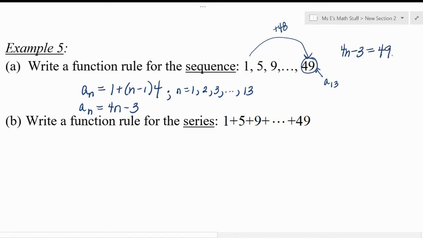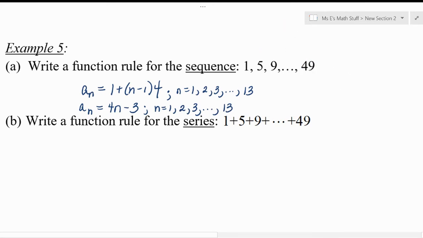Then just solve: add 3 over, divide by 4, and you get n equals 13. Come on, that's adorable. Anyway, the point is that if you have a finite sequence or series, then sooner or later you might need to know how to say which n values to use to generate that exact number or that exact list of numbers.